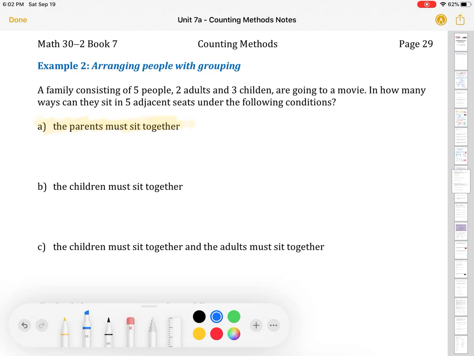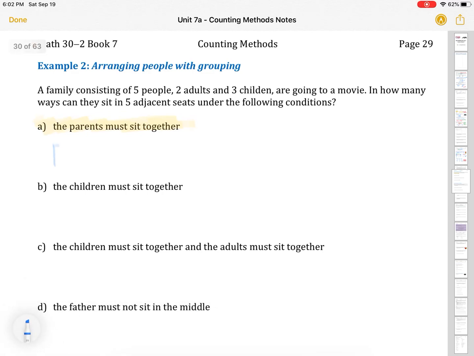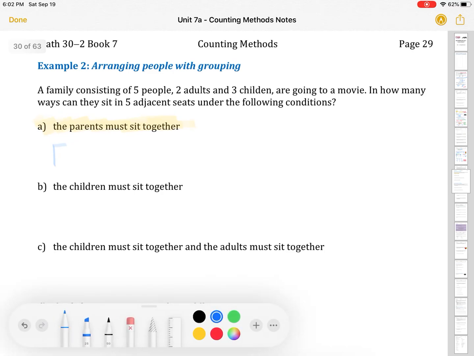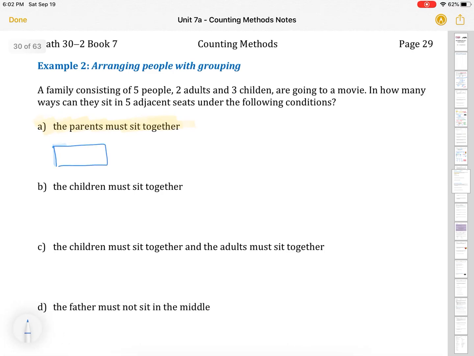So if we sketch that out, that means we've got 4 entities. Because we have to have in one box A1 and A2. They have to be together.